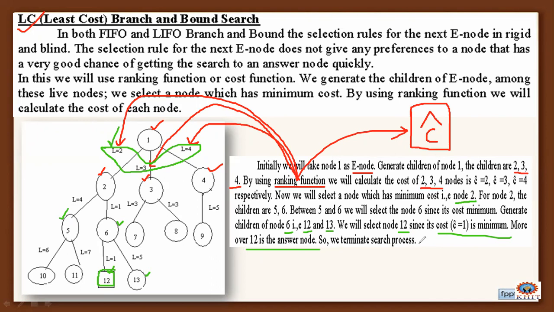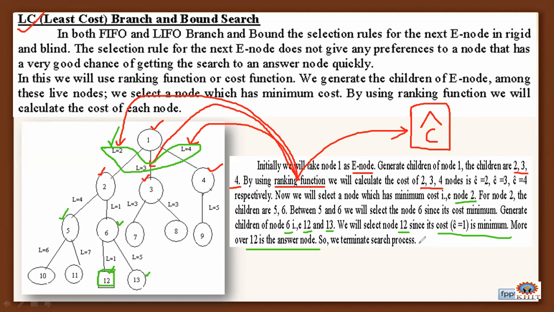Friends, in this way, we can search for the answer node with a minimum number of steps. I hope you clearly understood the concepts. We used branch and bound searching techniques.